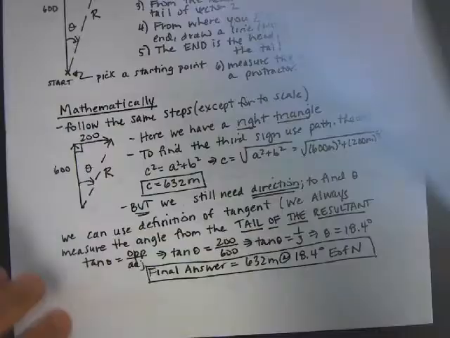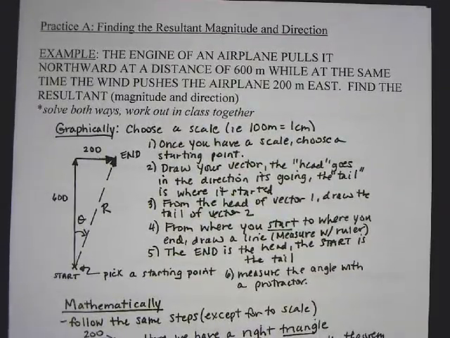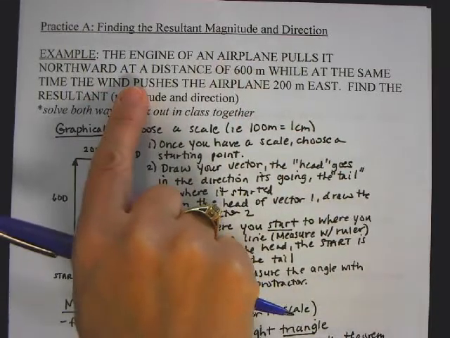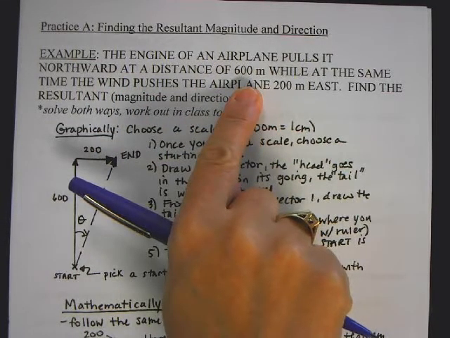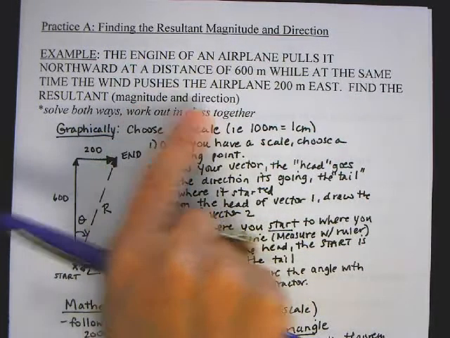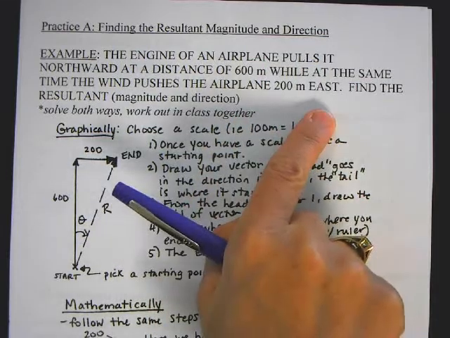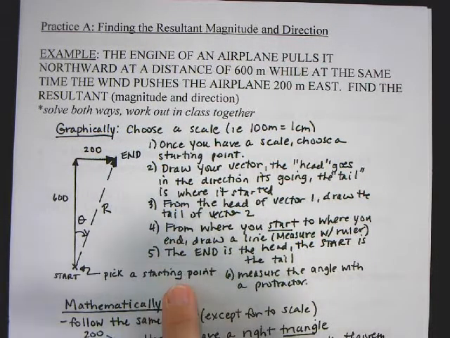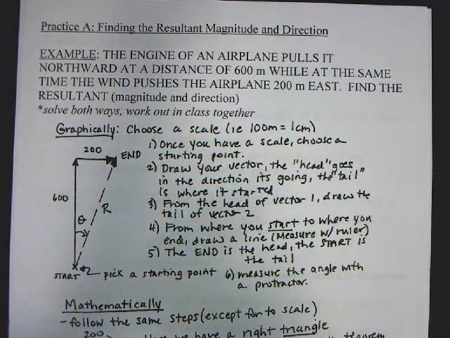Now, here's one example. Let's say the engine of an airplane pulls it north at a distance of 600 meters, while at the same time the wind pushes the airplane 200 meters east. Find the resultant. Now, I just showed you how to do it graphically. So what I did was I drew this. I took this ruler and I drew this.